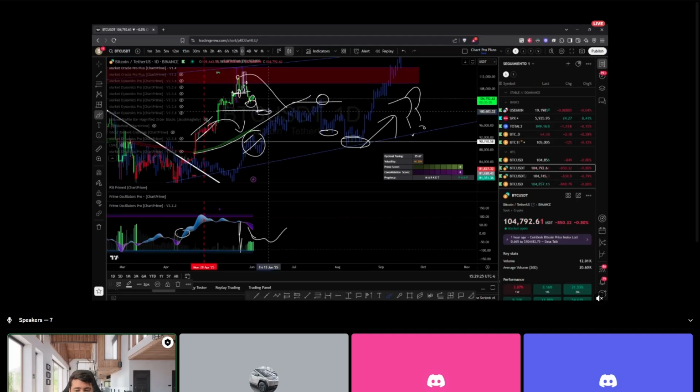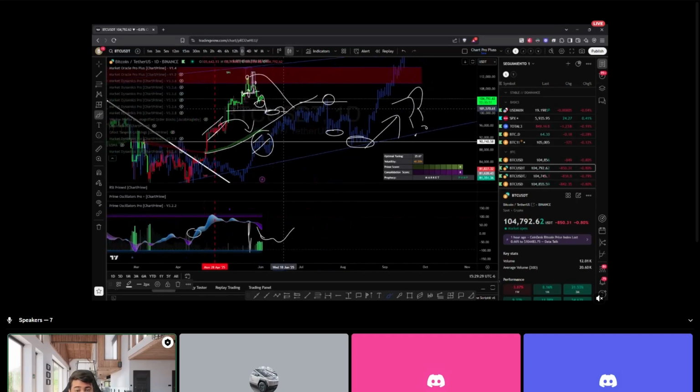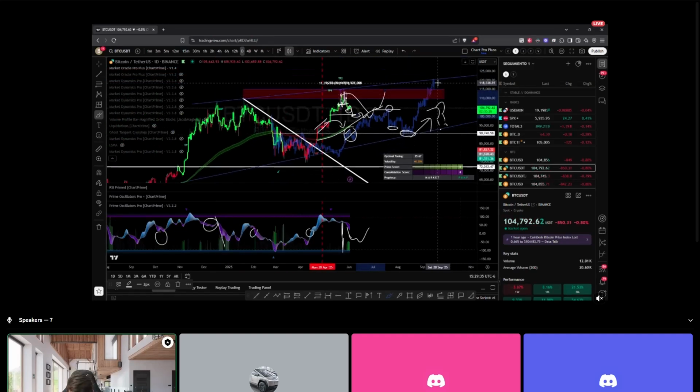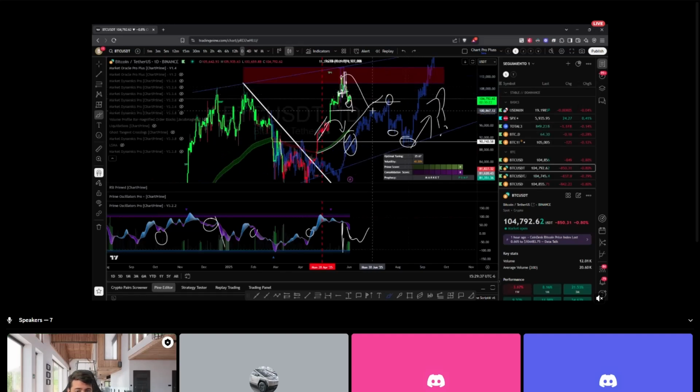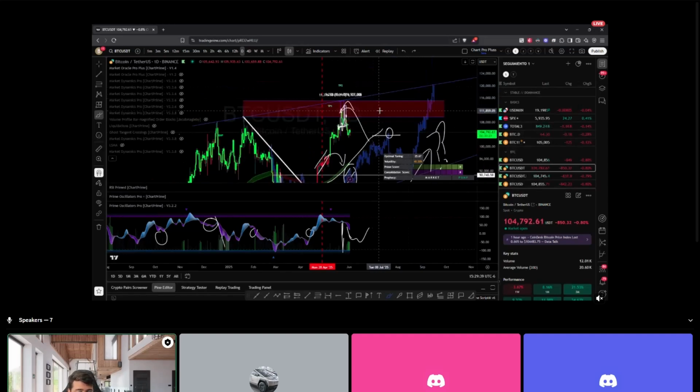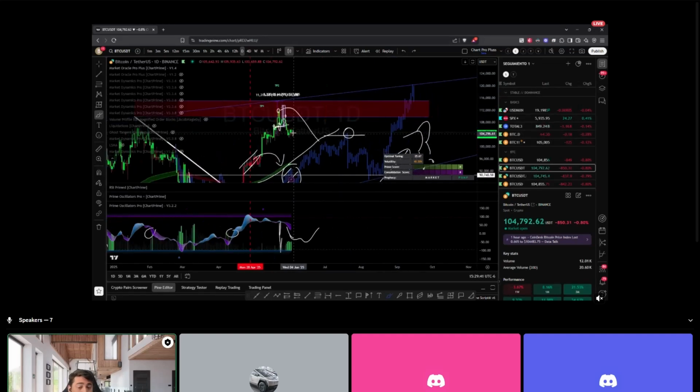And then as we hit dynamic reactor, we're going to pierce it just ever so slightly and then push upwards and higher, right? So that's one of the fractals that we are looking at. At this point, we're looking for that dead cat bounce, maybe that ugly head and shoulders, maybe a retracement to dynamic reactor.